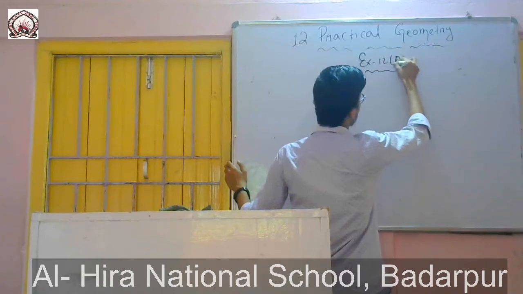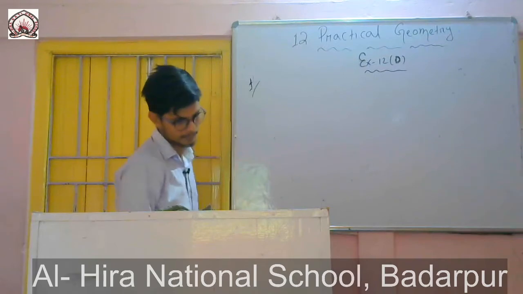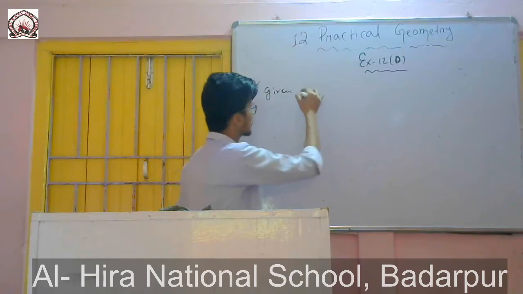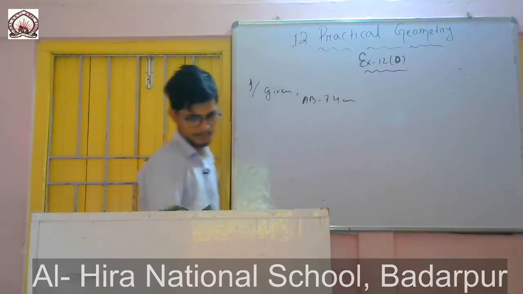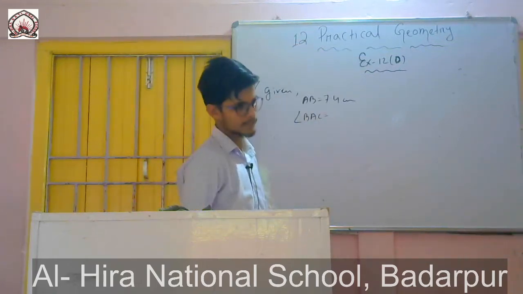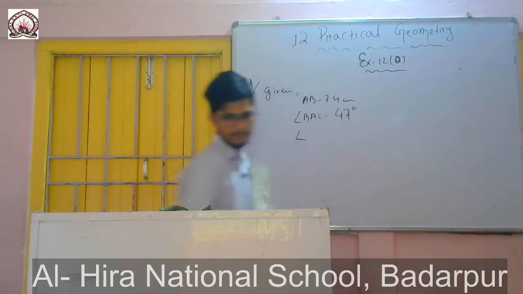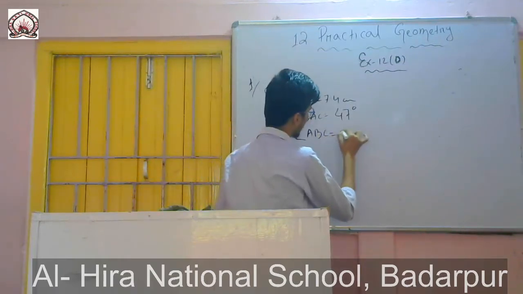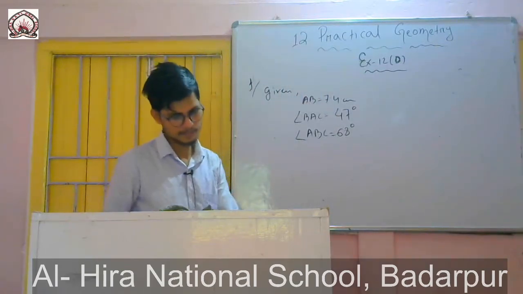Exercise 12D. Question number 1. Given AB as 7.4, angle BAC is given as 47 degrees. Angle ABC is given as 68 degrees.